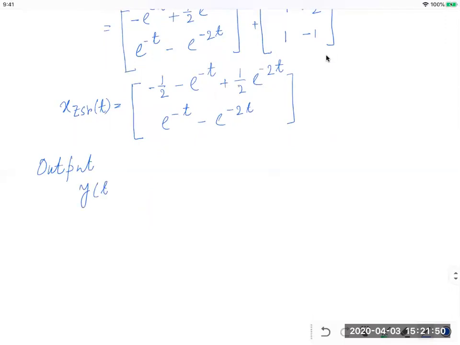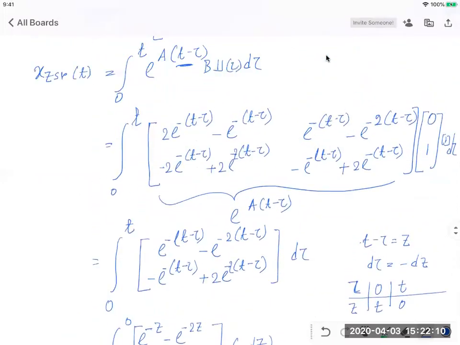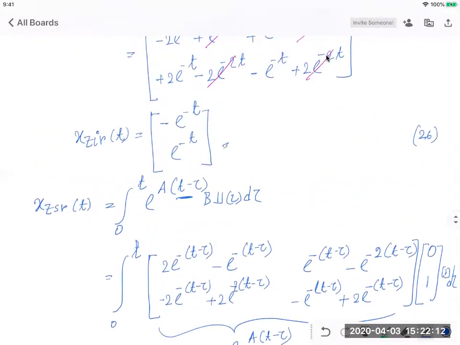Now output y(t) is C times x_zir plus C times x_zsr. So here is x_zsr, and this is x_zir.